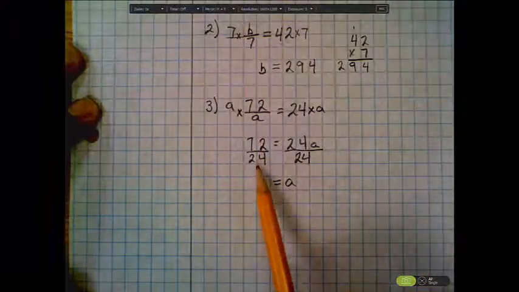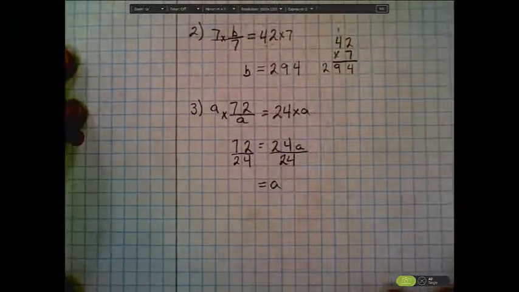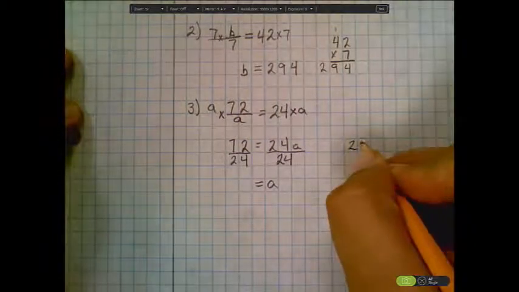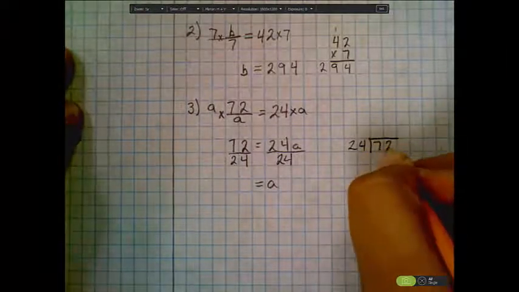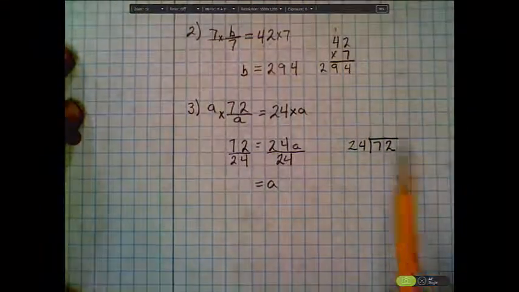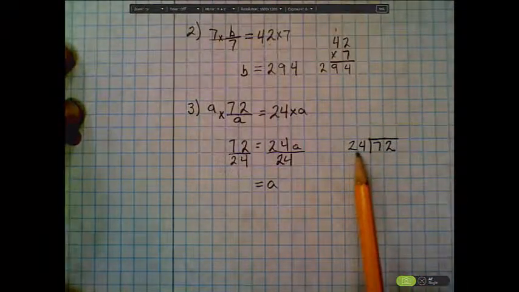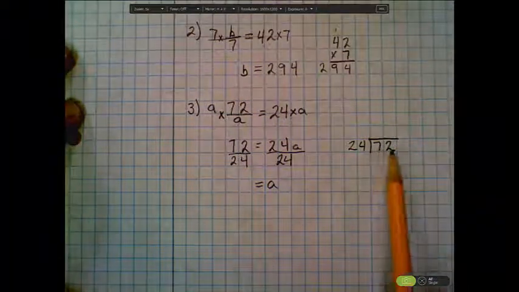Now we have the 72 divided by 24. Well, I can't do that in my head, so I'm going to come over here and write that out. 24 goes into 72. That's kind of close. That's 25 maybe going into 75.